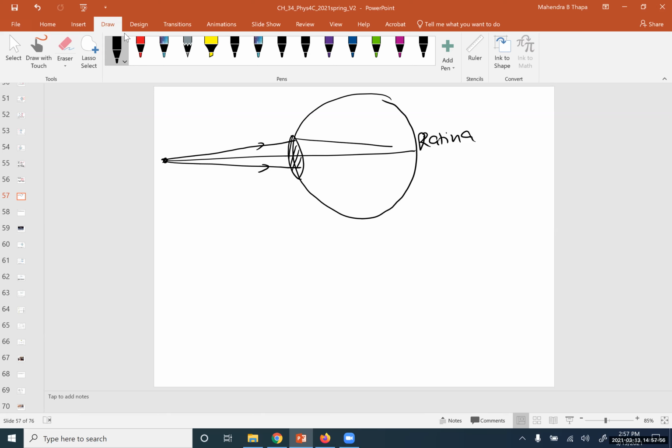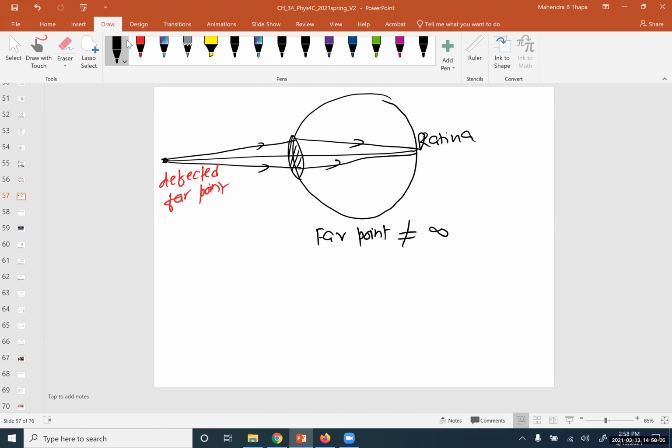Then this ray will converge at the retina. So this point up to where he can see is called the defected far point. So the person having this kind of defect, the far point is not equal to infinity.